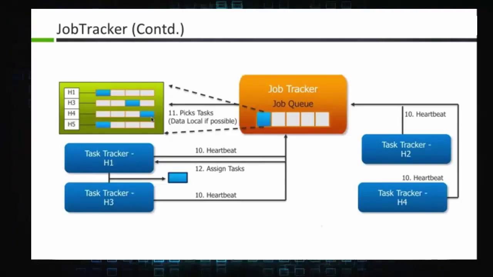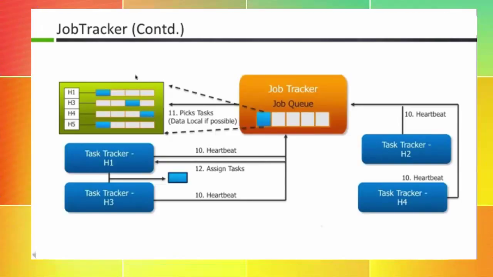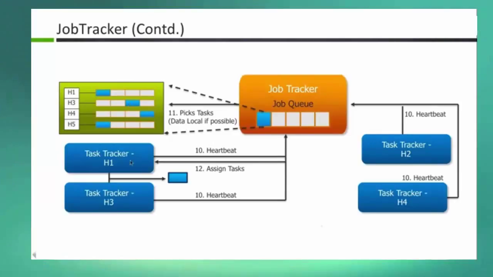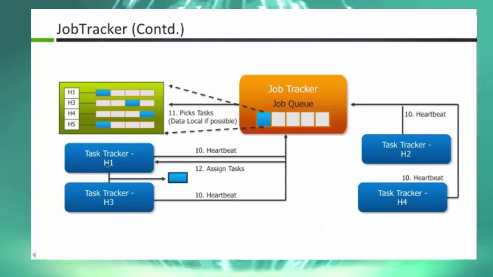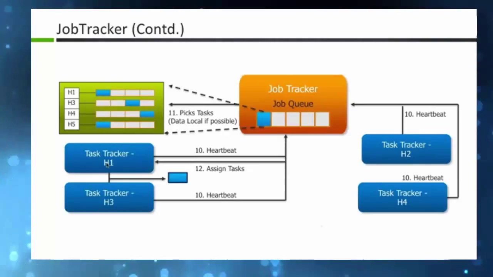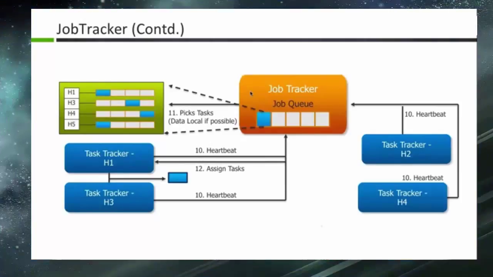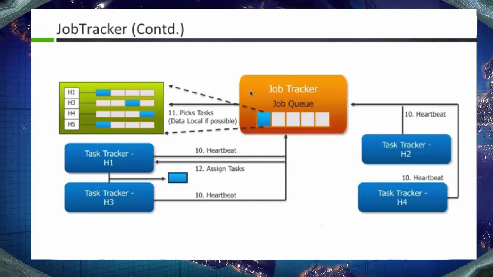So it will try to pick the most local data possible and run that map task on that particular task tracker. The task tracker is the one which actually runs the map task on the data node. The job tracker will pass this information to the task tracker, and the task tracker will run the map task on that data node.